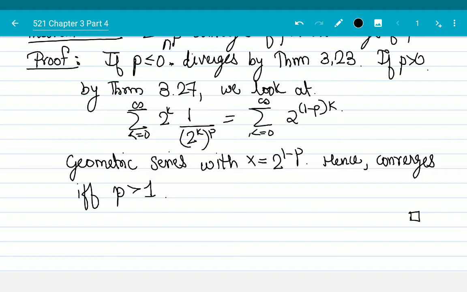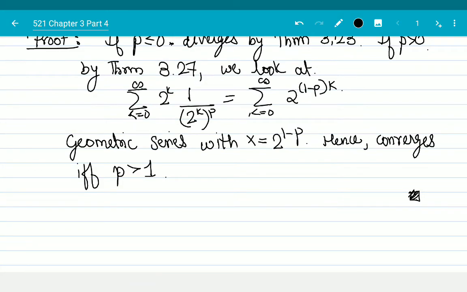Okay? Since the absolute value of x needs to be smaller than 1 for this to hold. X is 2 to the 1 minus p. P needs to be greater than 1 for x to be smaller than 1.